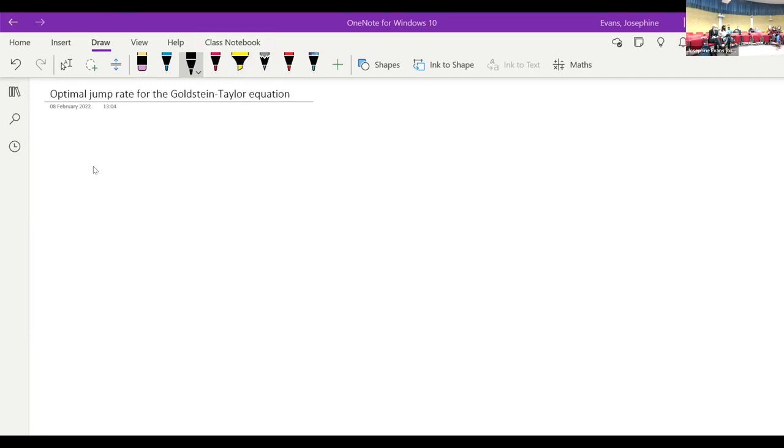okay, so the general question we're trying to look at is if we have a kinetic equation that looks like this. I guess you're all used to it, so we have some transport and a linear collision operator.